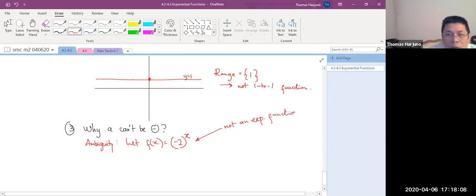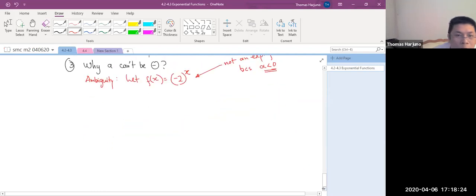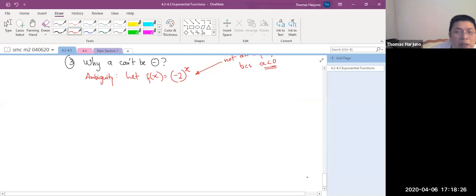It's not an exponential function because the base is negative. Now the question is, why don't we want to call this an exponential function? Because of the ambiguity. When x is an integer, it's easy. Let's say f(0) equals negative 2 to the 0, which is 1, right? f(1) is negative 2 to the 1, which is negative 2.